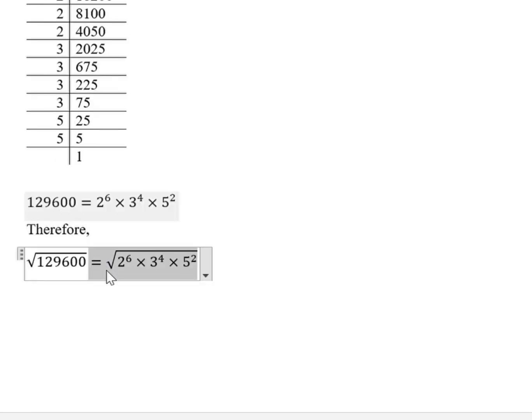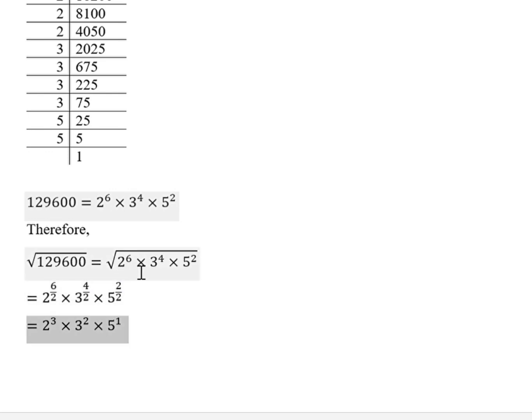Now, the next step is to divide. We do away with the square root sign and we divide the powers by 2. You can see we have 2 raised to power 6 divided by 2 times 3 raised to power 4 divided by 2 times 5 squared divided by 2. The moment you start dividing by 2, you do away with the square root sign. That gives us 2 cubed times 3 squared times 5 raised to power 1.